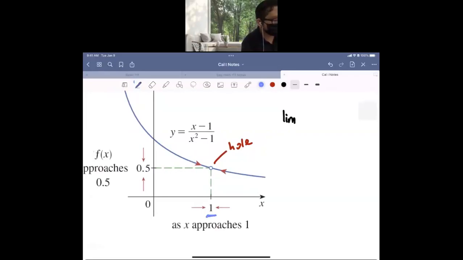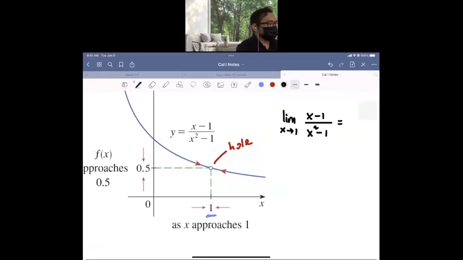So we want to see how the limit is at x equal 1, but at the same time, when we put x equal 1, it's not defined, right? But because we know the concept of limit, which is we can ignore the small gap, we can write the limit as x approaching 1 for this function x minus 1 over x squared minus 1.